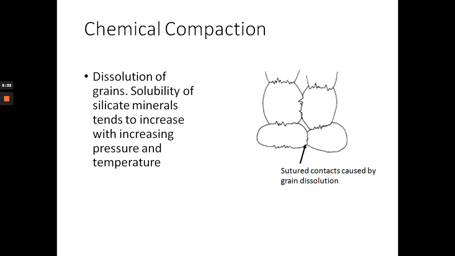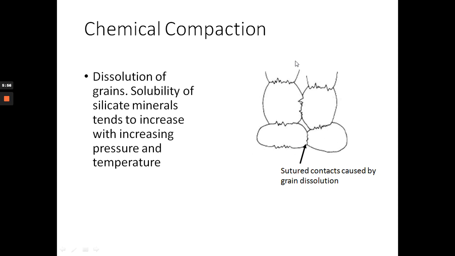The next type of compaction you have is chemical. This is chemical compaction, and it involves dissolution of the grain. Solubility of silicate minerals tends to increase with increasing pressure and temperature. Okay. So let's say you have quartz grains and they are in contact with each other, right?